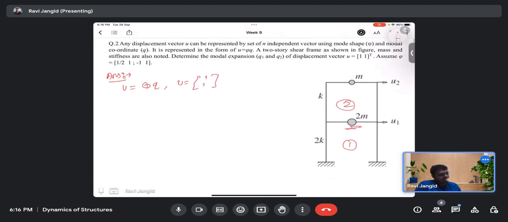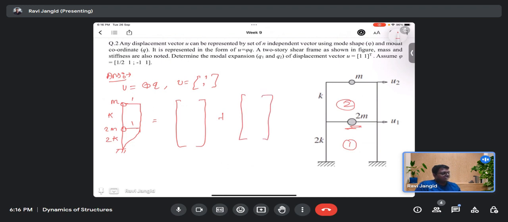Meaning, if I lump it like that, with masses 2m and m and stiffness 2K and K, my displacement will be 1, 1. So how can I divide it into the modal expansion factors? Because we have two mode shapes, we need to find q1 and q2.